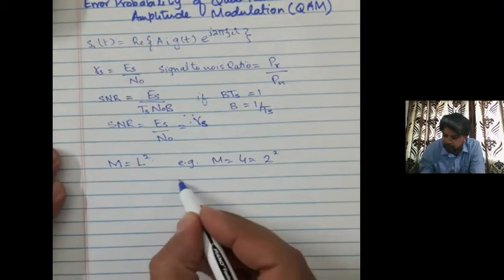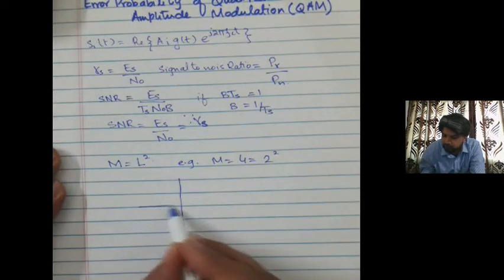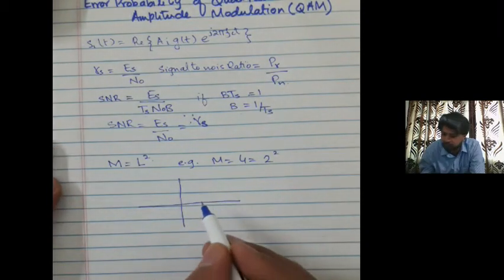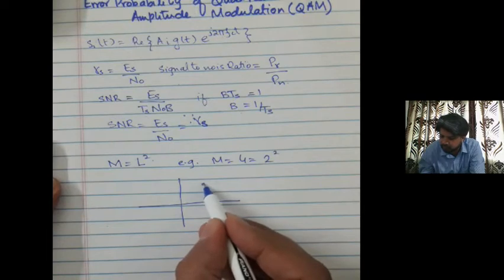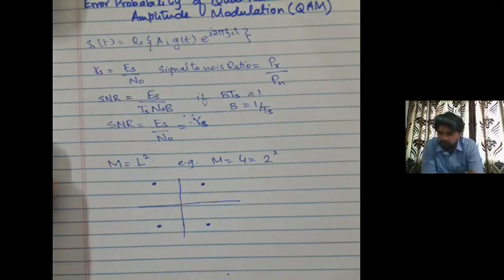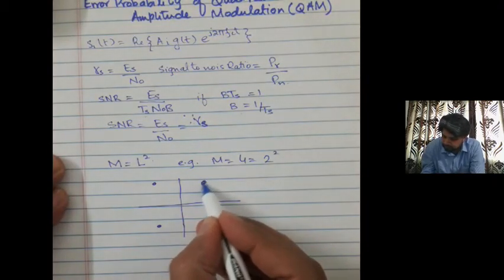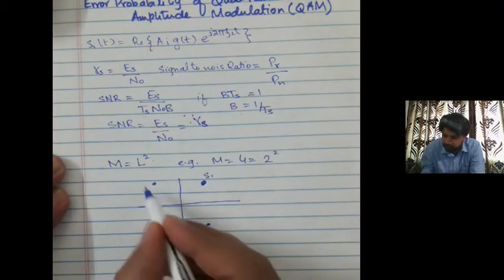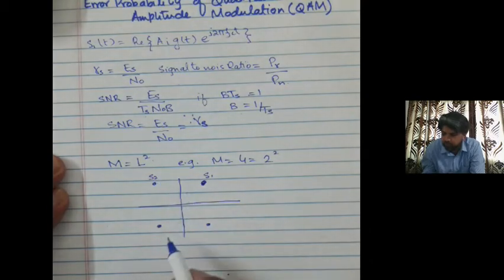So if we have M equal to 4, and you want to draw a constellation of a quadrature amplitude modulation, remember both your amplitude as well as the phase would change here. So this would be something like your constellation diagram. Let's call this constellation point S1, this one S2, this one S3, and this one S4.